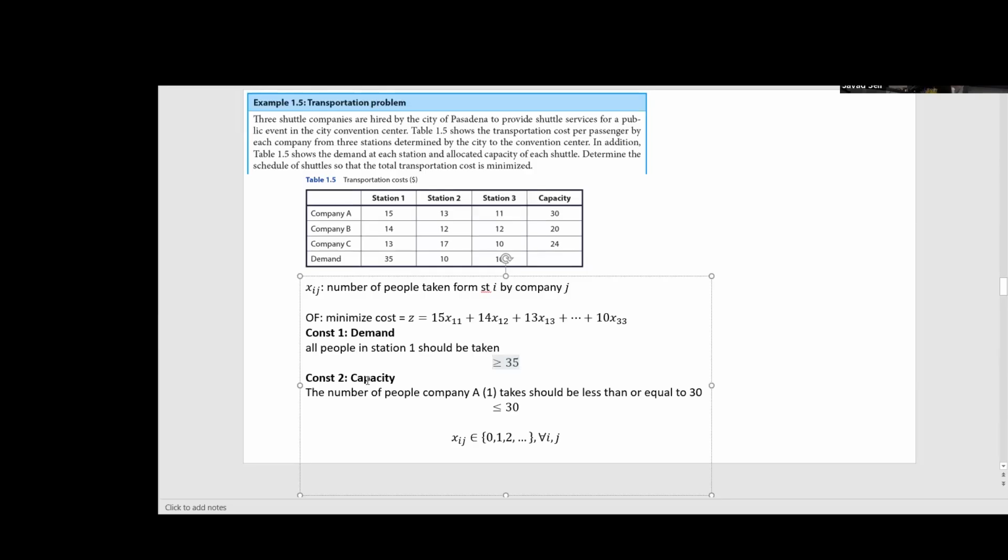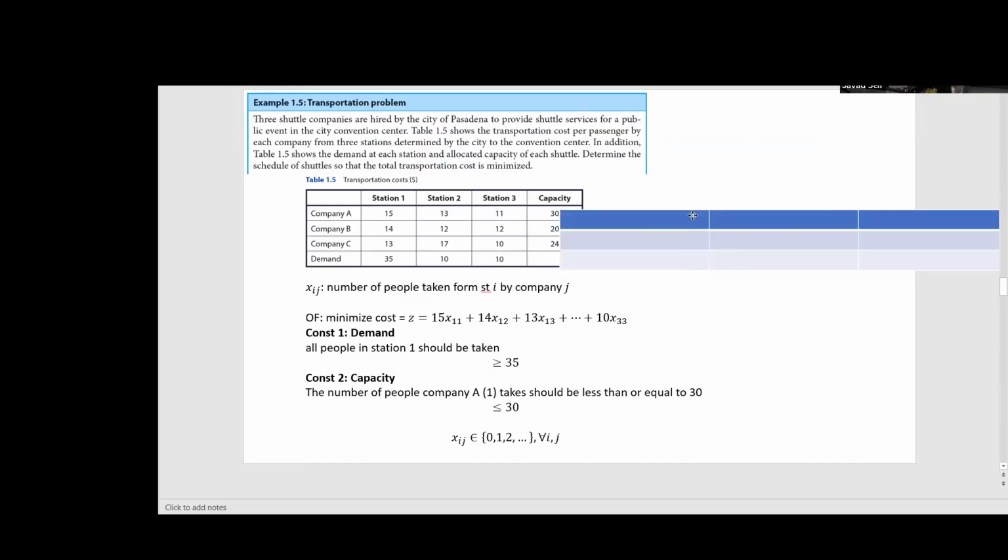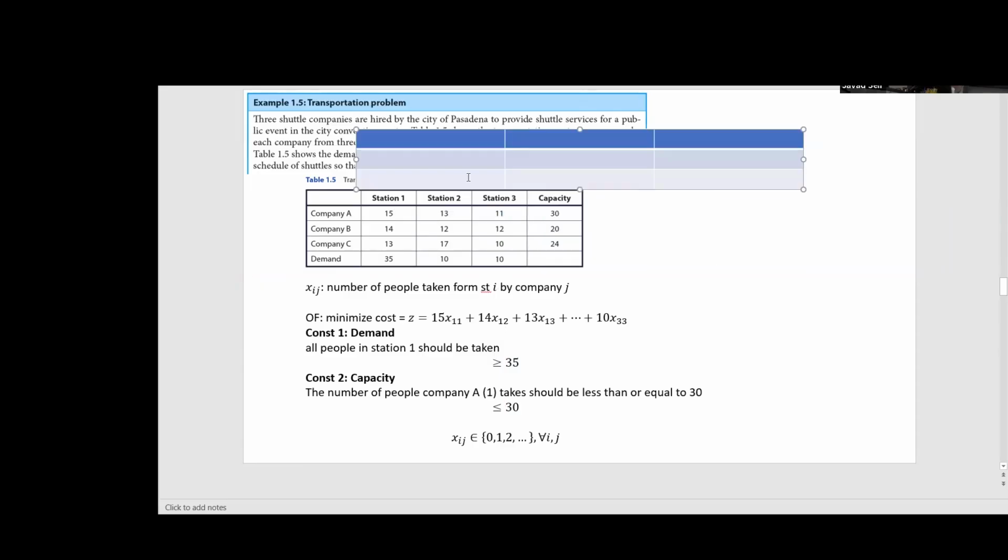So what should I write here? Which variables should I write here? Or before I do that, now that I define my variables like that, let's see how the solution looks. The solution looks something like that.